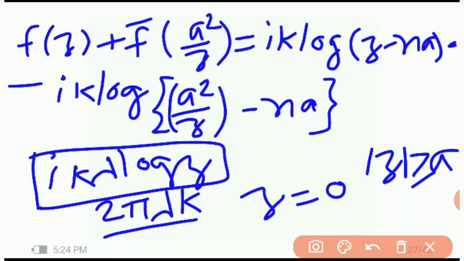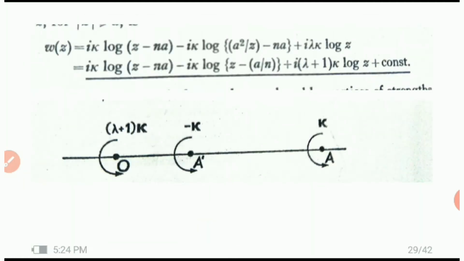Thus the total velocity potential at z for |z| ≥ a is w(z) = ik log(z − n) − ik log(a²/z − n) + iλk log z.